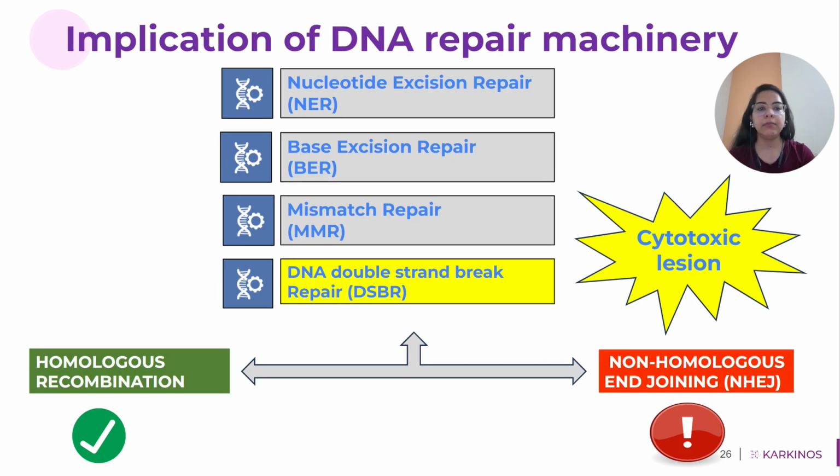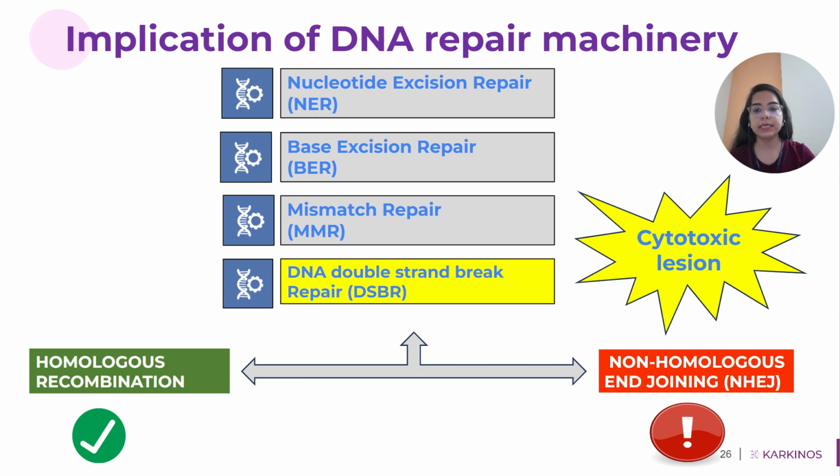Next, we have a marker called homologous recombination deficiency. In a normal cell, DNA double strand break repair is often taken care of by two mechanisms. One is homologous recombination, which is a high fidelity, standard conventional pathway if a double strand break occurs.